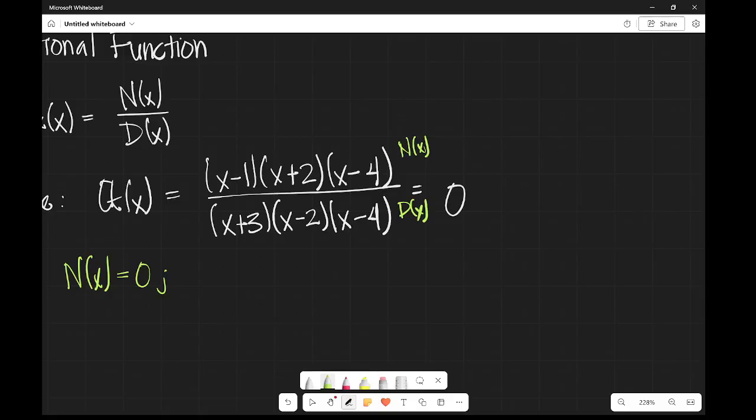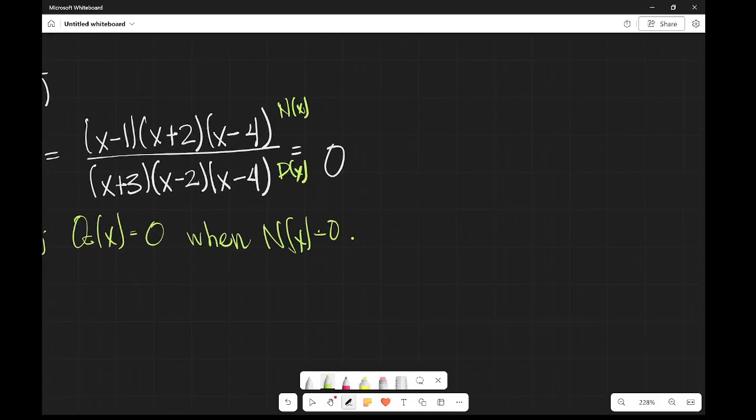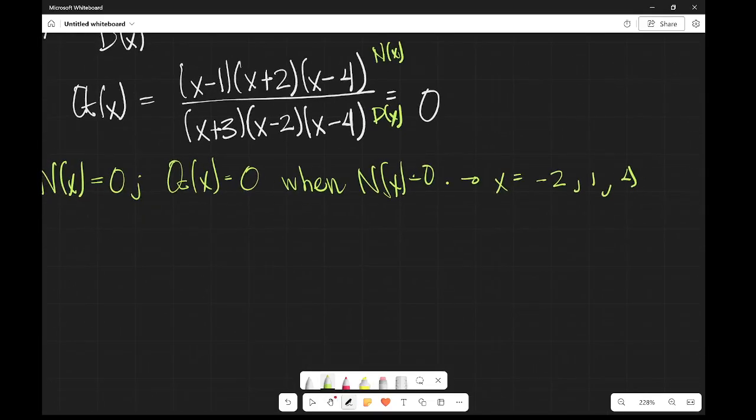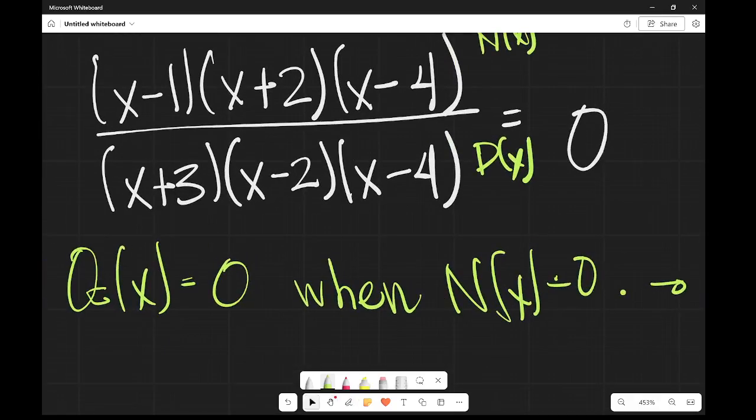So I'm going to write that q of x equals 0 when the numerator is 0, and that happens when x is equal to negative 2, positive 1, and positive 4. But there's also a way that these things can be undefined.